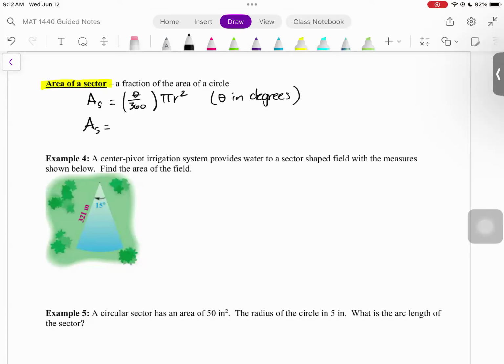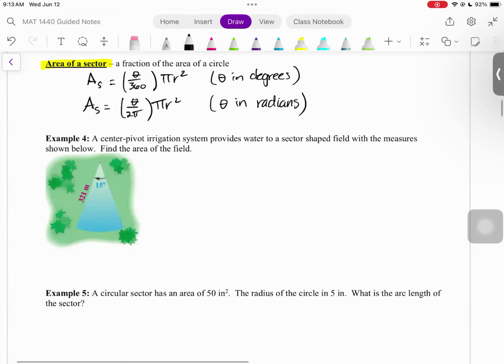Or the area of a sector is equal to theta over 2 pi times pi r squared if theta is in radians. Similarly, we might be able to simplify these a little bit, but we're not going to, just to maintain that intuition of how to set up these formulas.